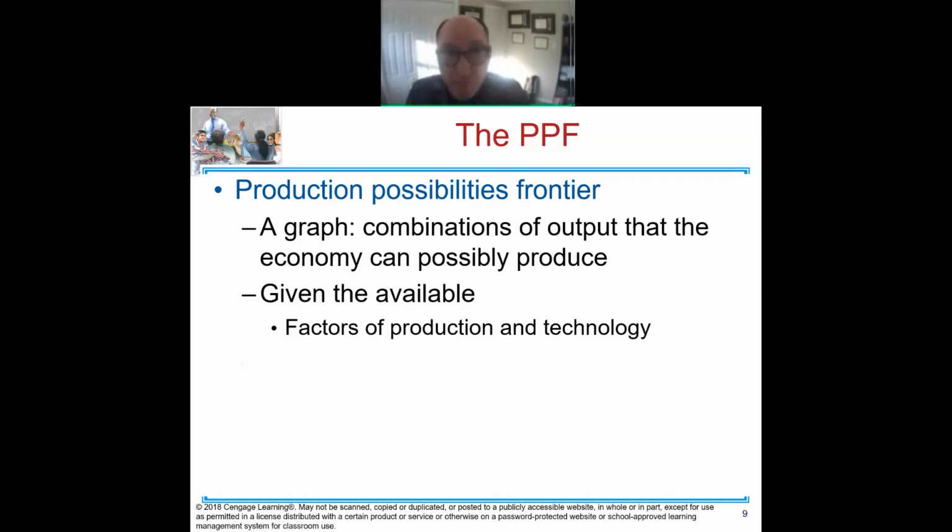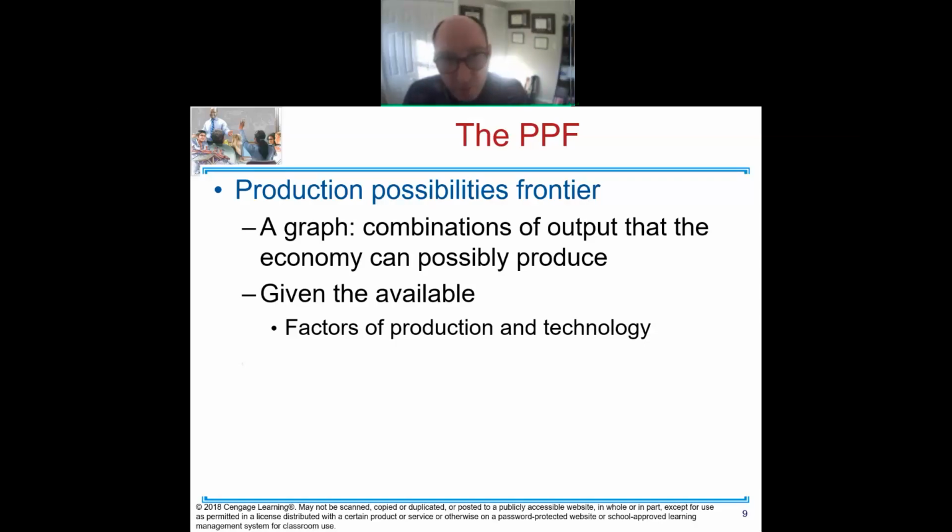So Production Possibilities Frontier, also known as PPF. PPF is a graph that represents the combination of output that the economy can possibly produce. Say that again.